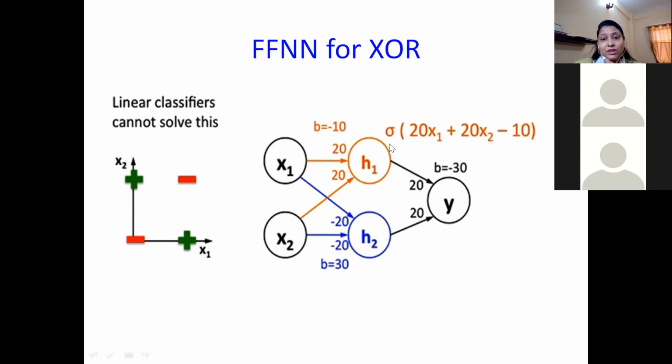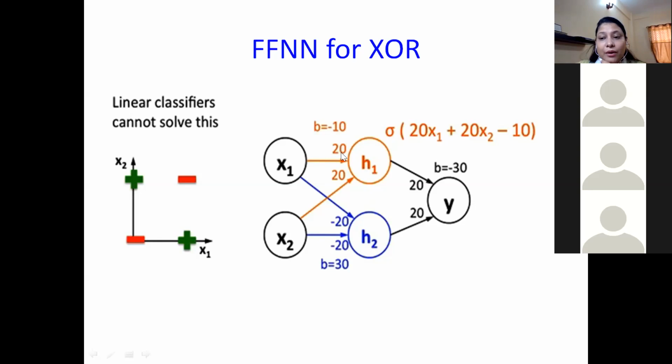We are going to compute the expression for node h1. That is 20x1 plus 20x2 minus this bias, that is minus 10. The weight, we know, is basically 1, right? Now what happens, that means here we can have a particular kind of x.